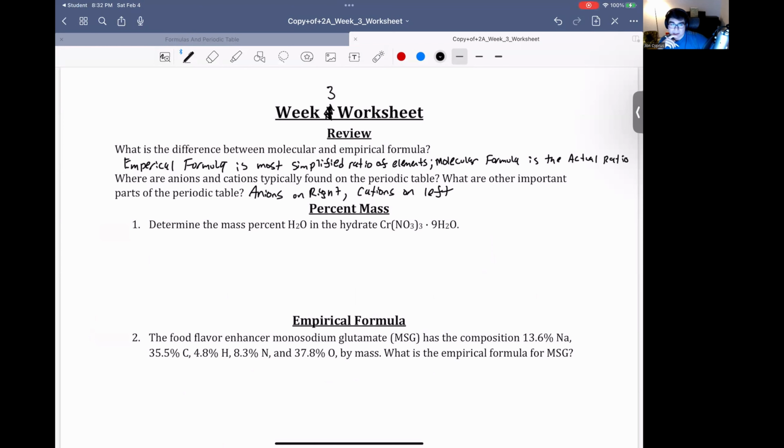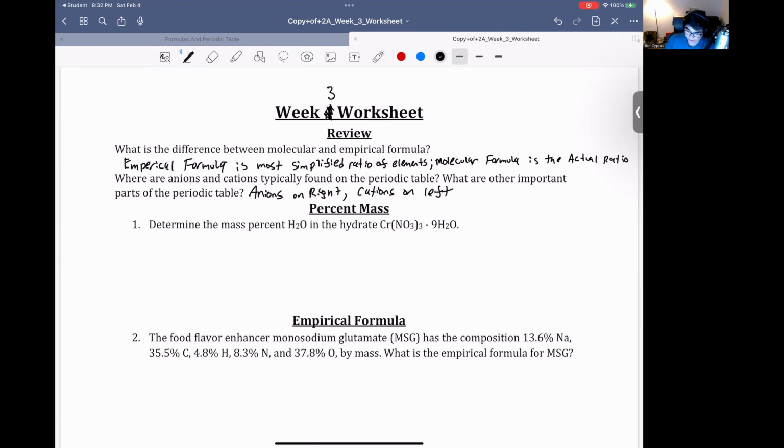All right, we're gonna go to percent mass. So it says determine the percent mass of H2O in the hydrate. So we have chromium nitrate, and then 9H2O, chromium 3 nitrate to be more specific. So again, what we did in the last worksheet, if you didn't see that and you're confused on this question, we did a lot of mass percent back there.